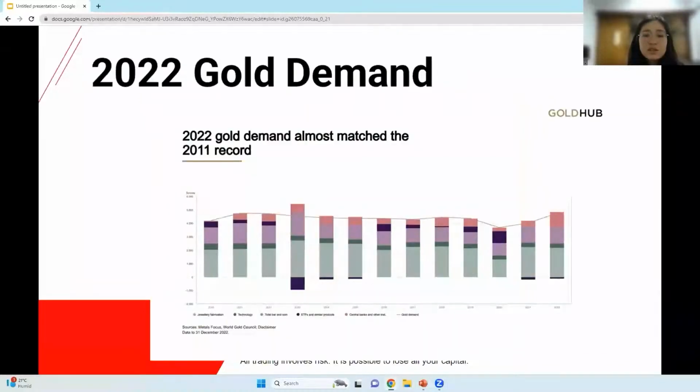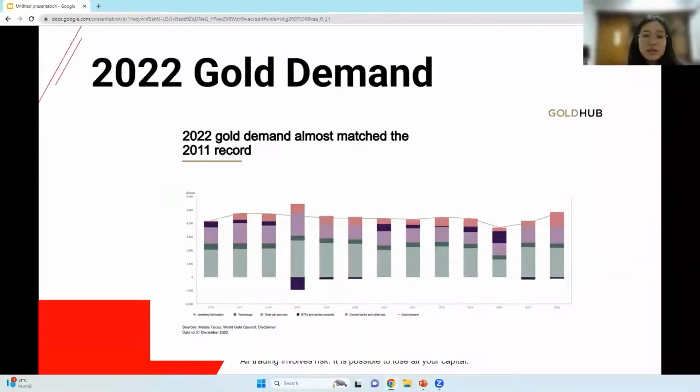Okay, so this is the 2022 gold demand. And 2022 was actually the strongest year for gold demand in over a decade. It says here in this chart, 2022 gold demand almost matched the 2011 record.